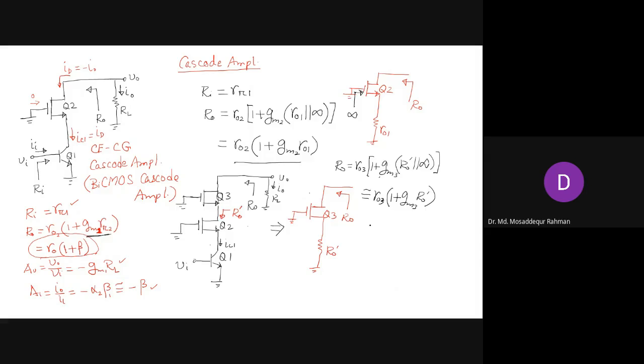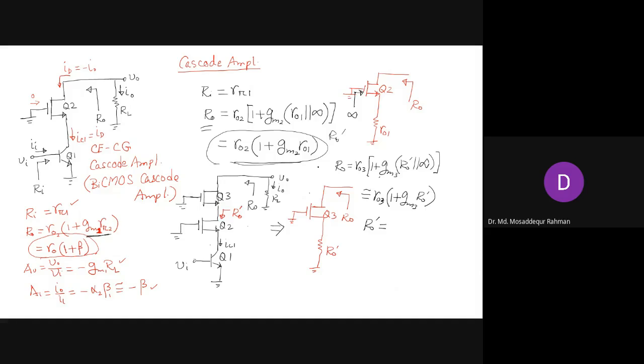So what is R_o prime? Sir, the previous output resistance. Right. Looking from the output side of Q2, this part is our R_o prime, which we already said is much higher than what we have for the BJT cascode.